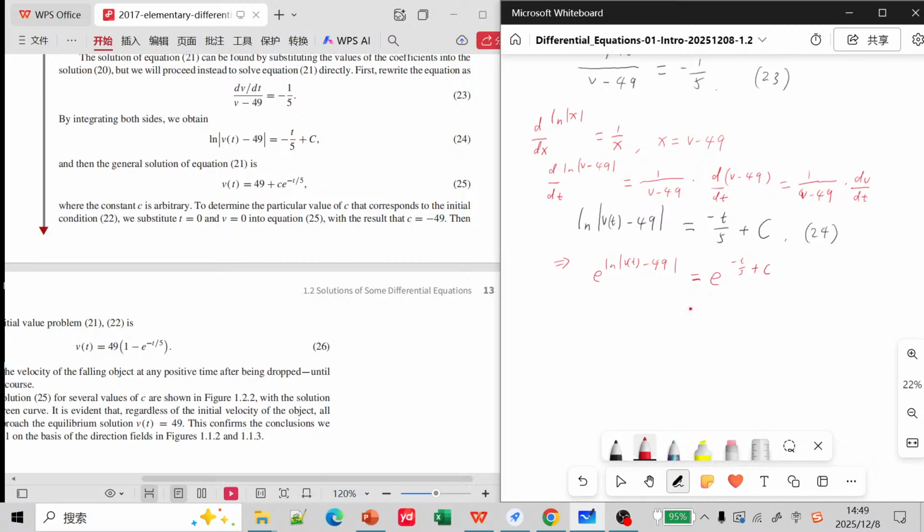And by the definition of ln, we can get this whole expression is the value of v of t minus 49.